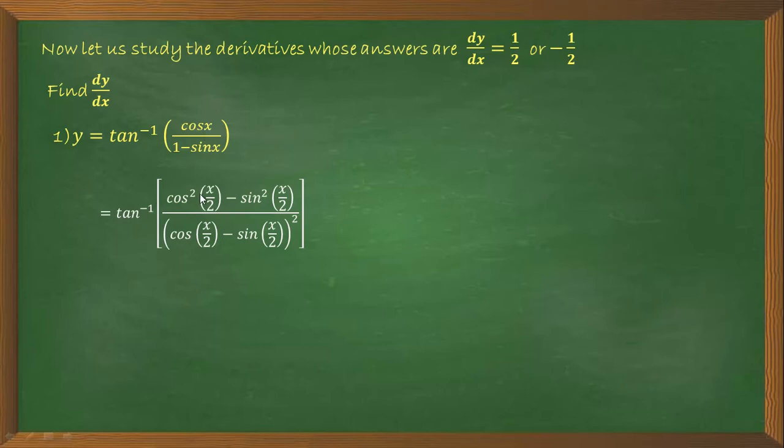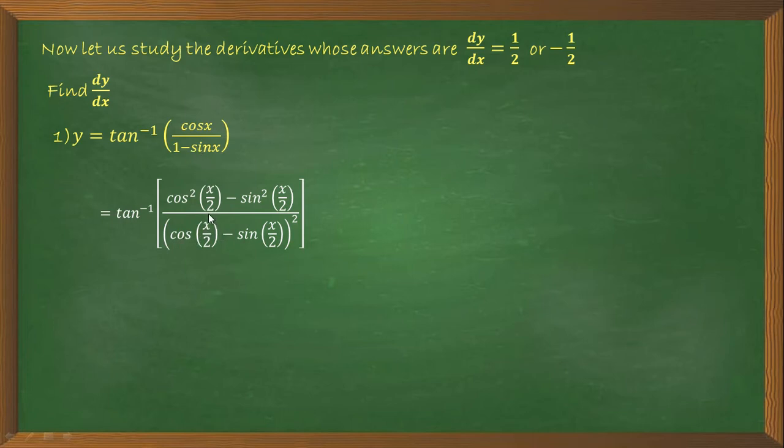By the half angle formula, that is cos square x by 2 minus sin square x by 2. You know the formula for double angle, that is cos 2x is equal to cos square x minus sin square x. Like that here cos x is equal to cos square x by 2 minus sin square x by 2. So angle x becomes x by 2 here. And here we replace 1 minus sin x by this formula.